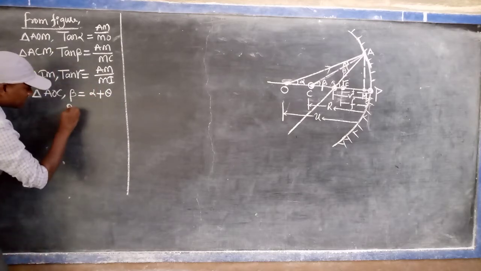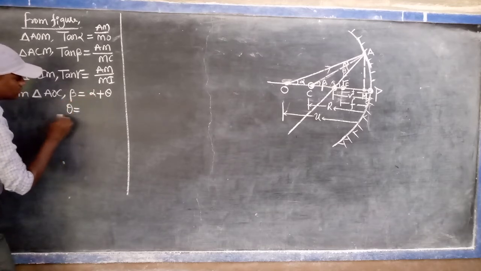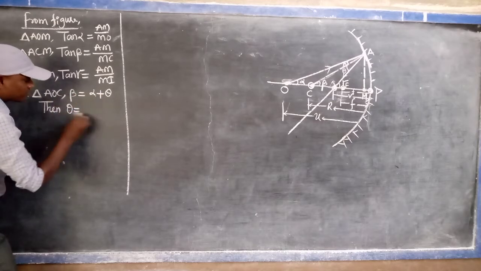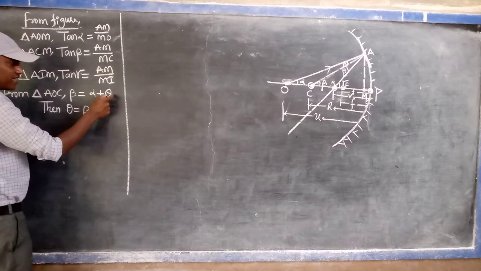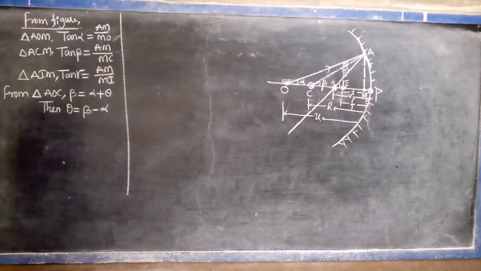From this one, theta is equal to, alpha transferred to this side, beta minus alpha. So theta is there, alpha is transferred to this side, beta minus alpha. So theta is nothing but here which value?